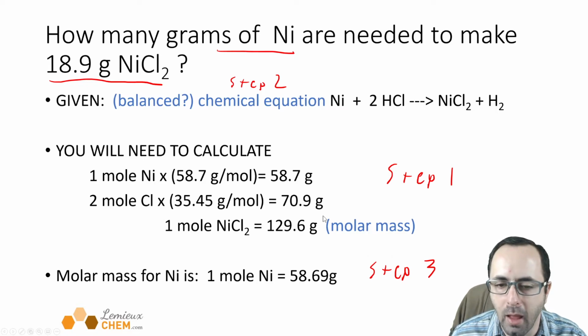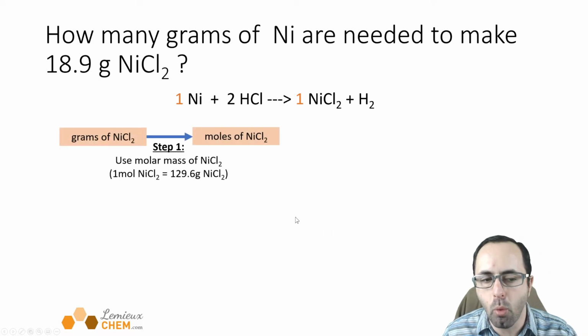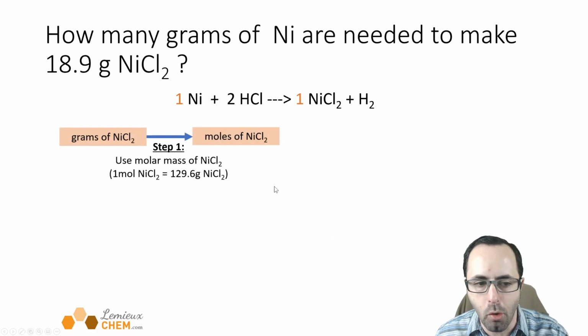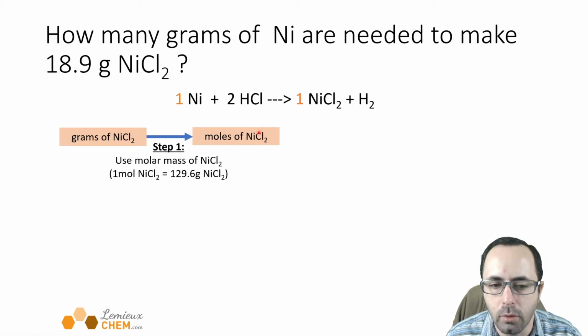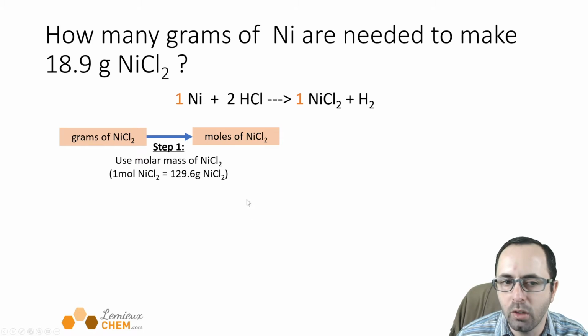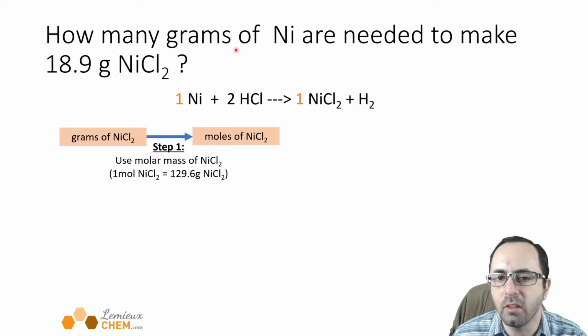Okay, so let's plan out our work here. So step 1 is always about going for the mole. So we're going to go from grams of nickel 2 chloride to moles of nickel 2 chloride. For that we need the molar mass of nickel 2 chloride, and we calculated that on the last slide. Then step 2 uses the balanced equation. We want to go from moles of nickel 2 chloride to moles of our substance B, which is nickel.